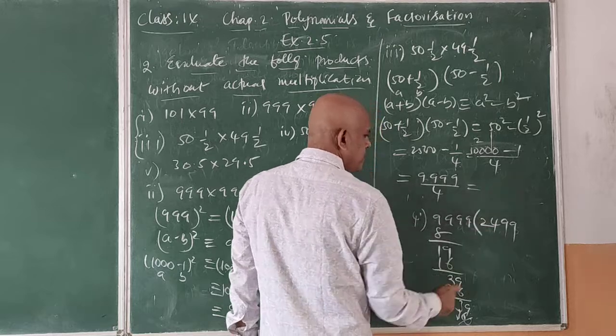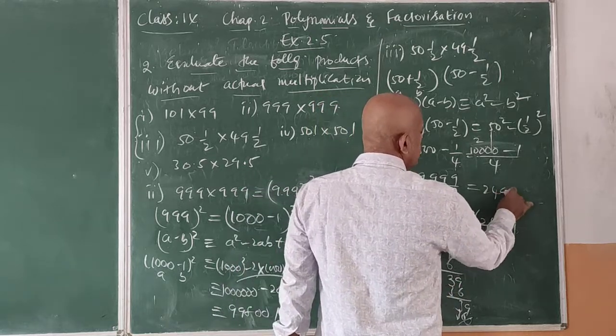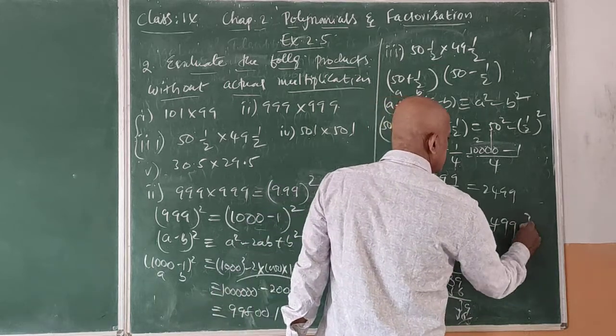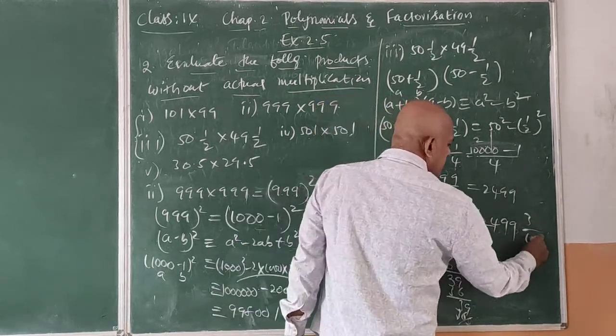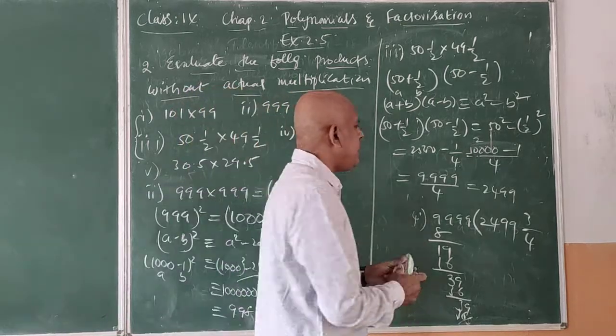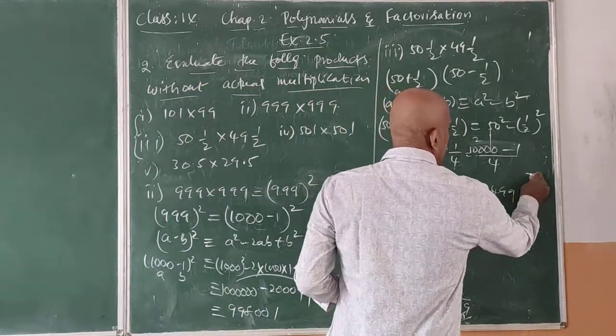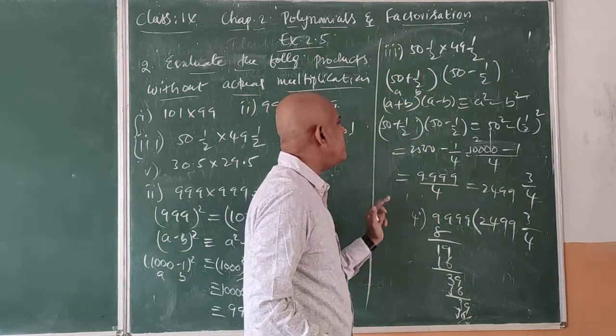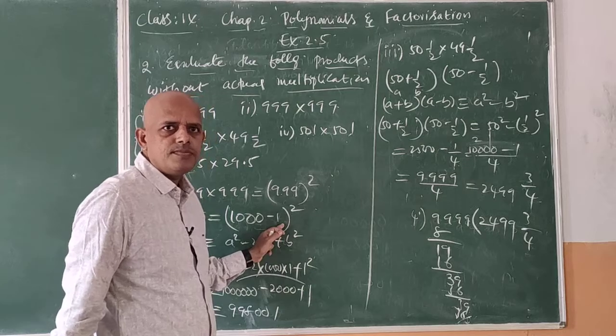So this can also be written as quotient 2499 and remainder 3, so 2499 and 3 by 4, or simply you can give it as 9,999 by 4.